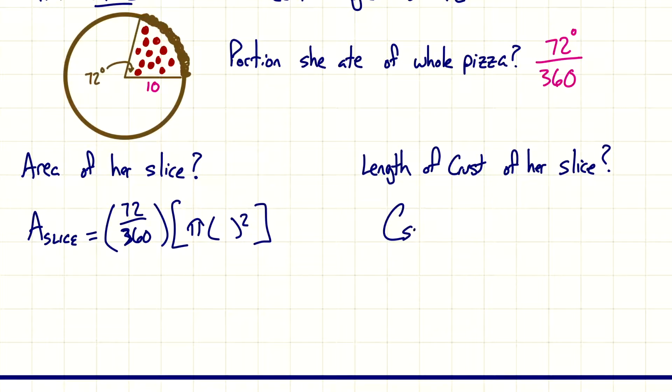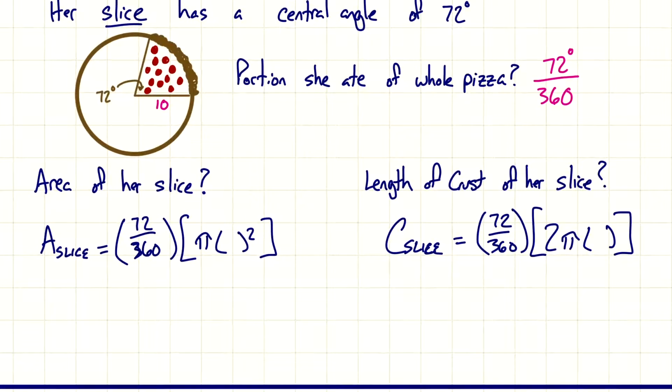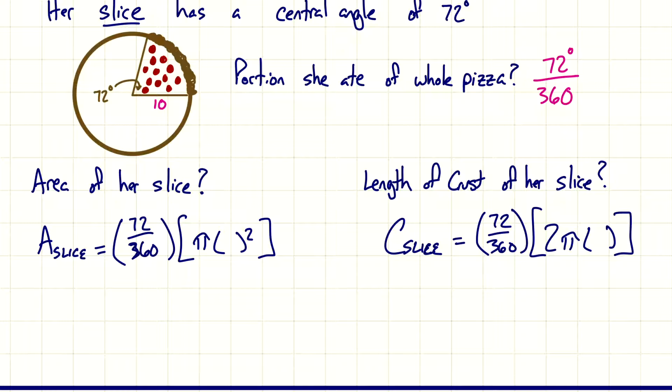So the crust of the slice is equal to 72 over 360 times 2 pi r. All right, you'll notice it's setting it up the same way every time. I'll stop here and see if you could finish the rest on your own.